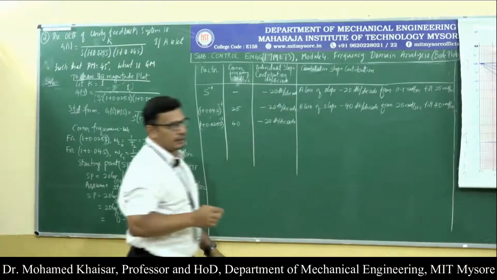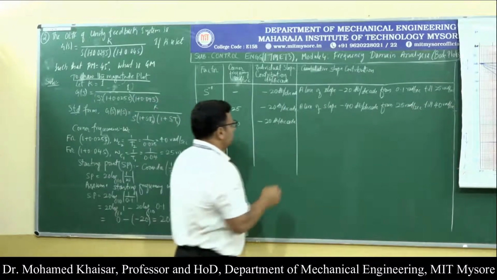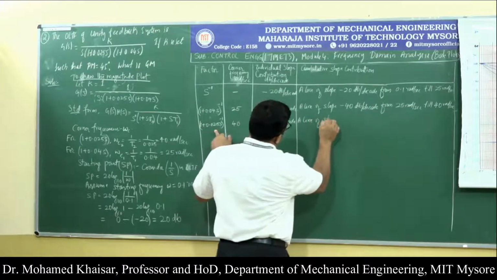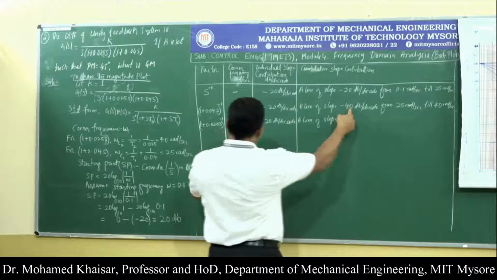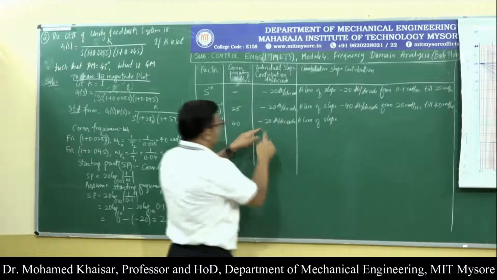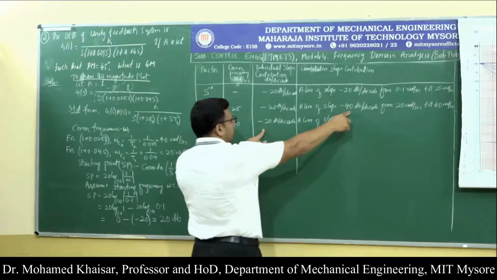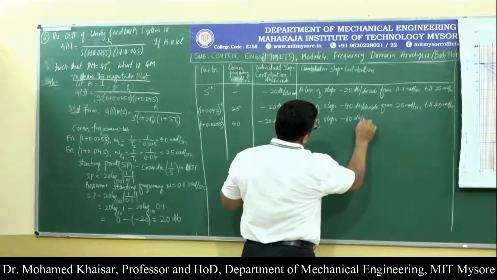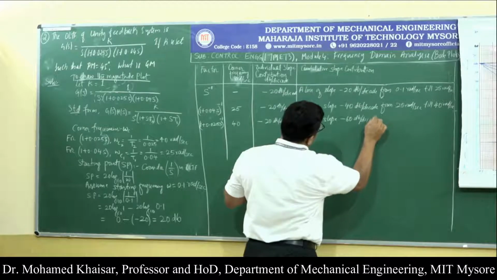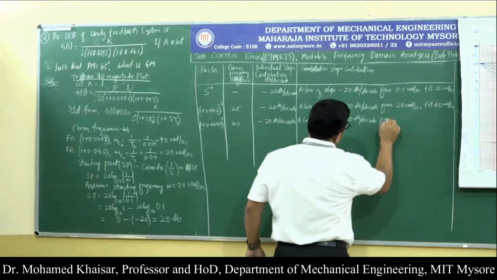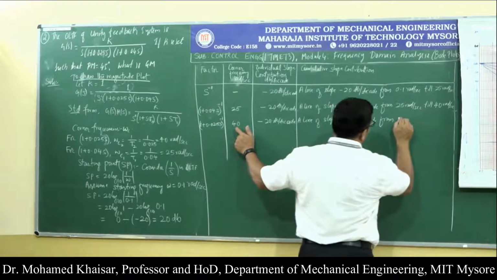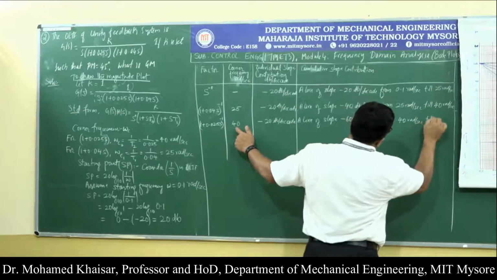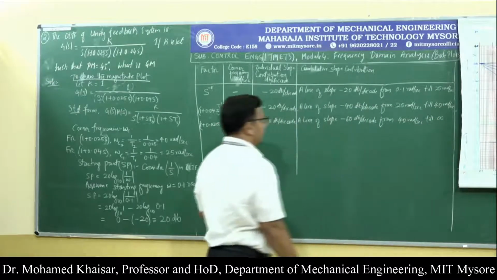Then for this factor, it will again be a line of slope minus 40, minus 20. See, minus 20 is here, minus 40 was already there. So, it will be minus 60 decibels per decade from 40 radians per second till infinity.